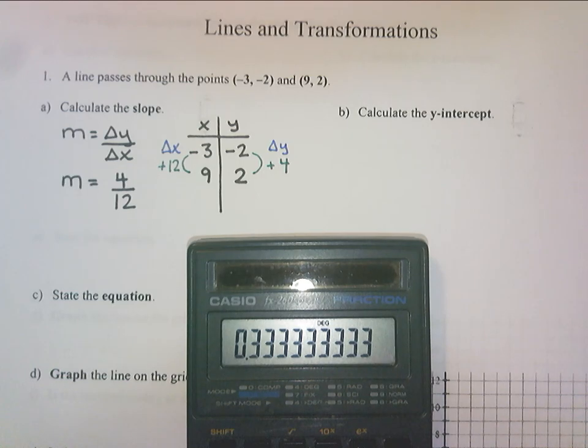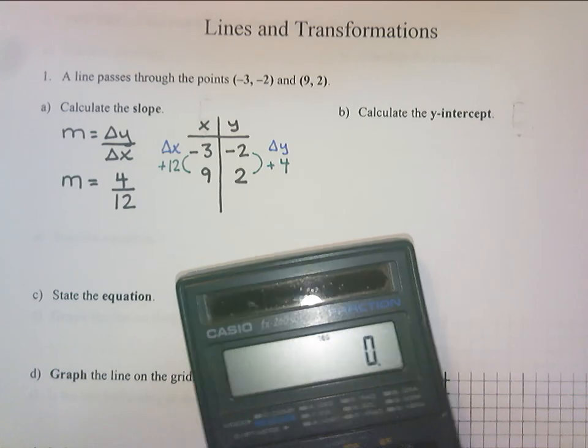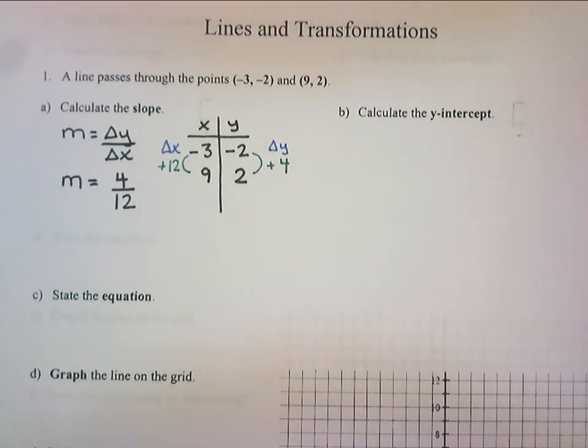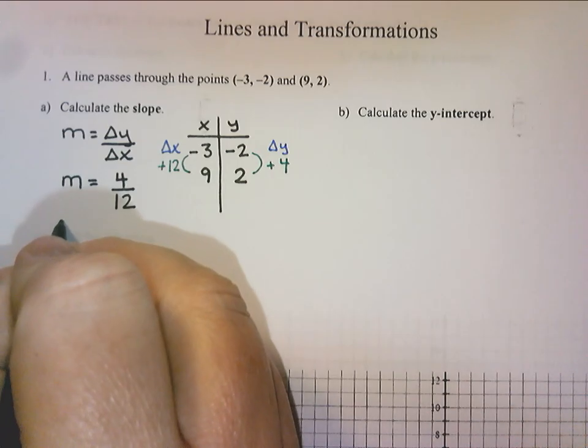And we don't want to use a decimal here. We would like it to either be a whole number or a fraction. So what I would try to do is see if I can think of something that would divide into both 4 and 12 to make those numbers a little smaller. Using your multiplication grid will help you, but I don't have my grid with me.